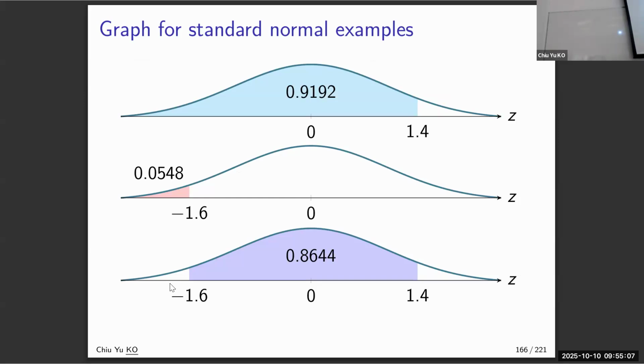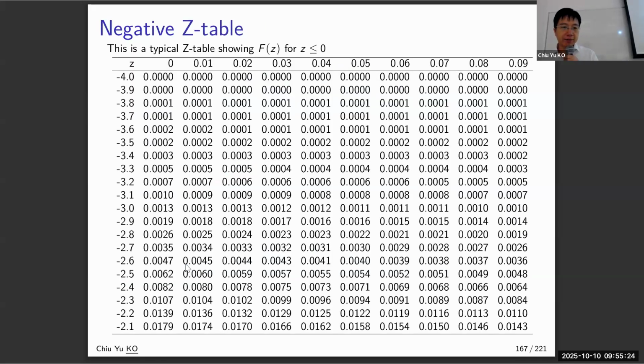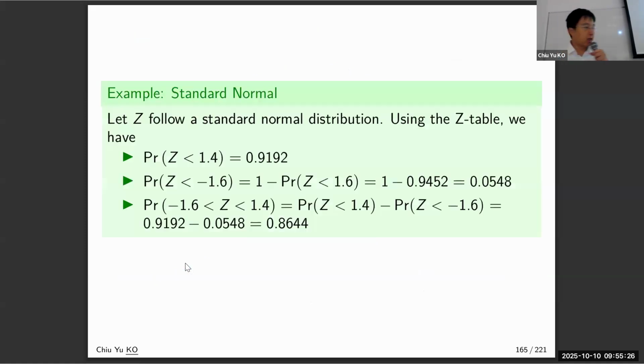Look at 1.4. Look at the number all the way from negative infinity. This is the probability that the standard normal random variable is less than 1.4. What does that actually mean?